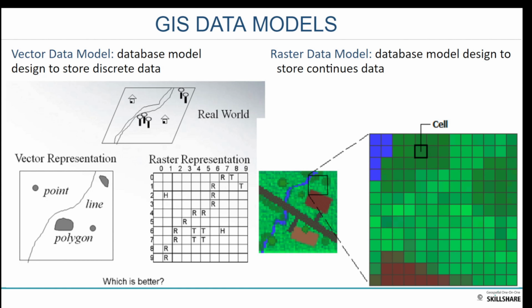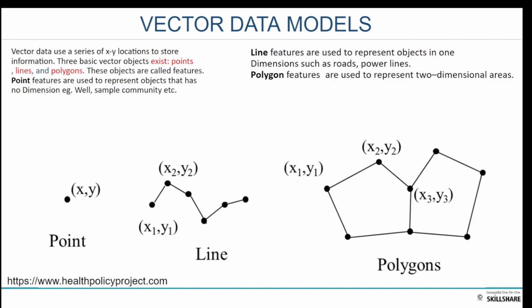Now, if you look at the vector data model, it captures information as points, as lines, or as polygons. It captures the x and the y locations, the x and the y intersections of places, and uses that as the location of the information.